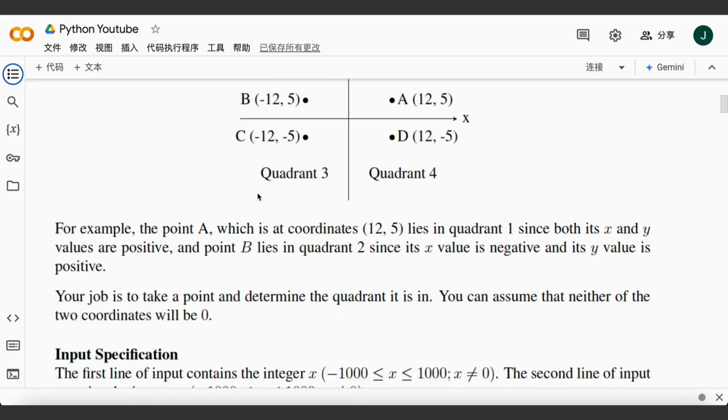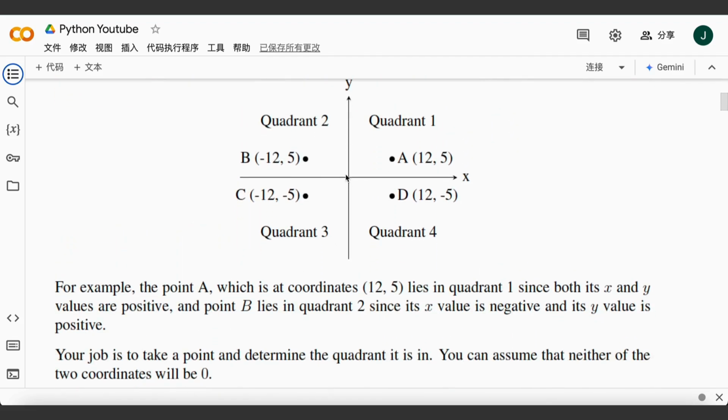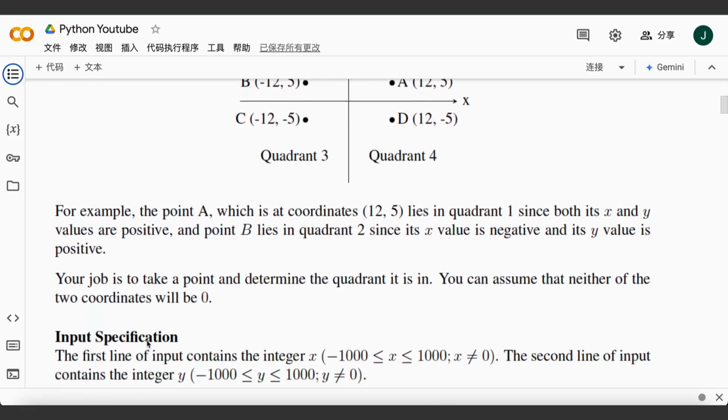Okay, so that's for B, and your job is to take a point and determine the quadrant it is in. You can assume that neither of the two coordinates will be 0, so that makes it easier. So neither is 0, which means it must be lying in one of the quadrants, right?